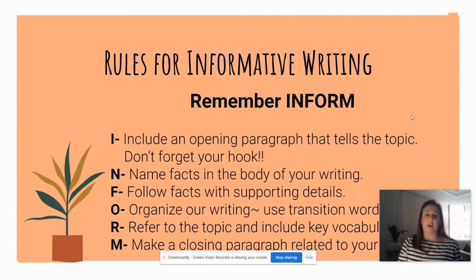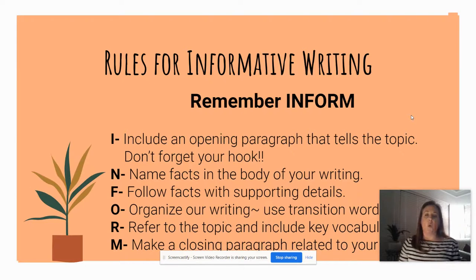And then the next thing is I want to include in each paragraph, or if I'm just writing one paragraph, I'm naming the facts about my topic. I'm giving that information. And then the next thing, I'm following those facts up with supporting details. I'm elaborating more, and I want to become an expert about what I'm telling you.